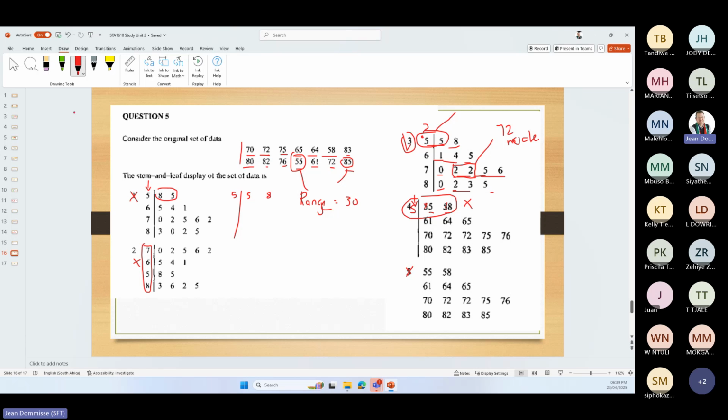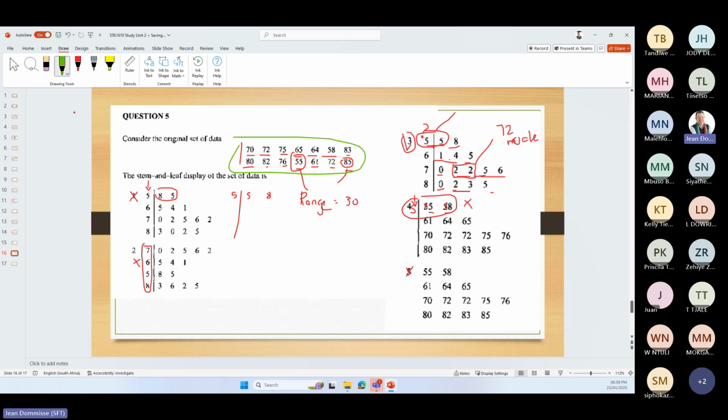It will not always be just a data set like this that they give you in study unit 3. They might give you a stem and leaf, and then you also need to know how to work with that stem and leaf.